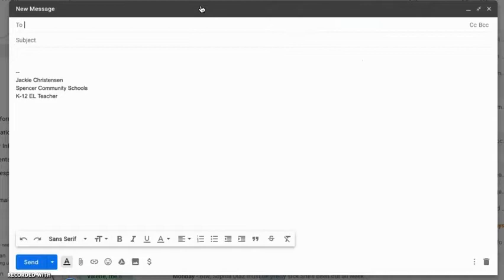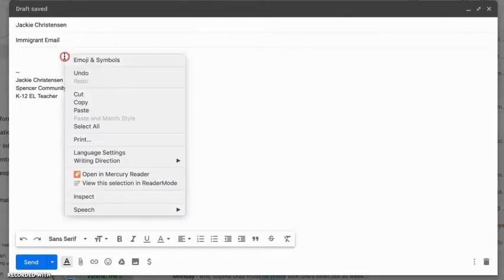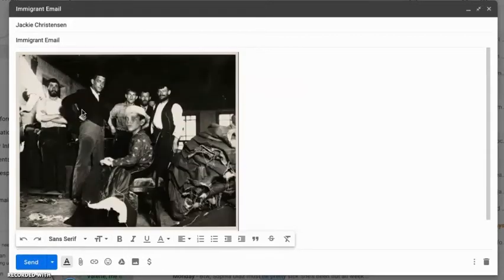and then I'm going to write an email to me, because this is how I will know you did this. The subject can be immigrant email. Then you're going to paste your picture. So see how I put my picture in here? Then you are going to write an email pretending like you're writing to the people in the photo.